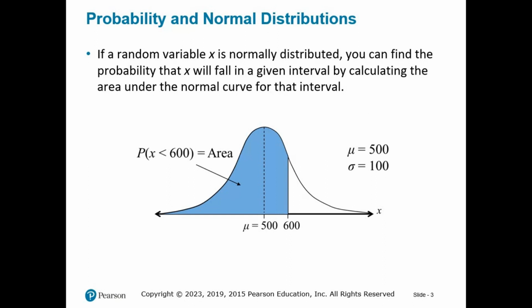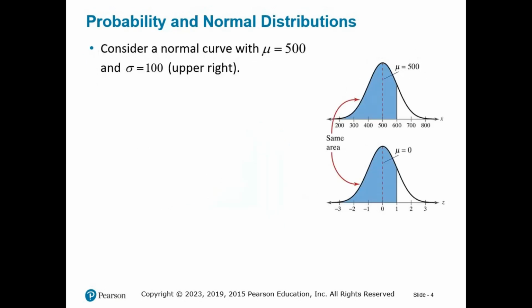Why does this work? Let's compare a normal distribution to its associated standard normal distribution with z-scores and a mean of 0 and a standard deviation of 1. So we have this original curve with a mean of 500 and a standard deviation of 100, and we're looking at the probability of a value x being below 600.